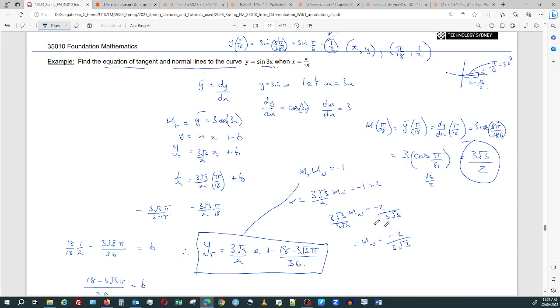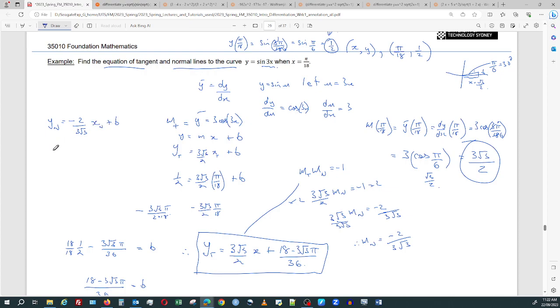Okay, so then we've got to repeat all of this for y normal. So y normal is equal to minus 2/3 root 3 x normal plus b.